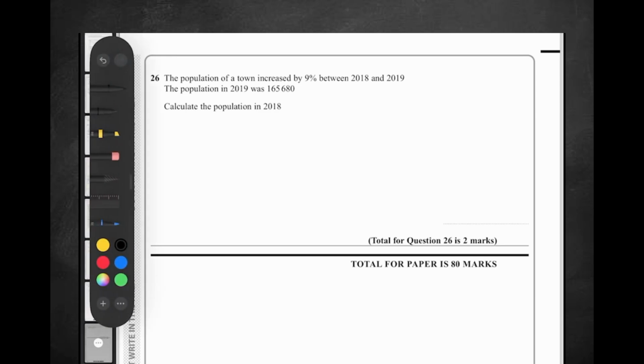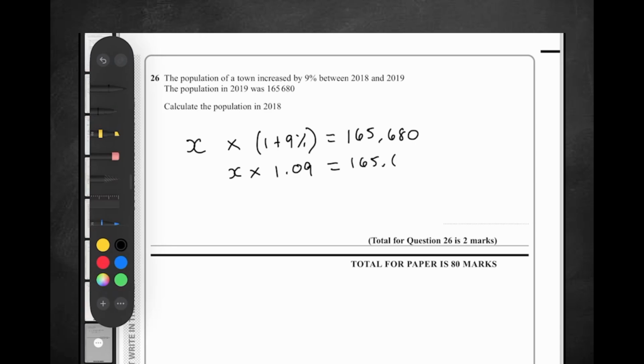So X, which we'll call the population in 2018, multiplied by 1 plus 9% equals 165,680, which is the population in 2019, which is the same as saying X times 1.09 equals that. So I'm going to do on my calculator 165,680 divided by 1.09, and I get 152,000.